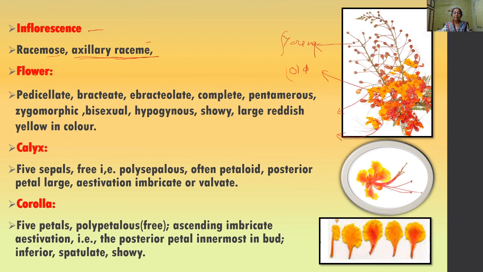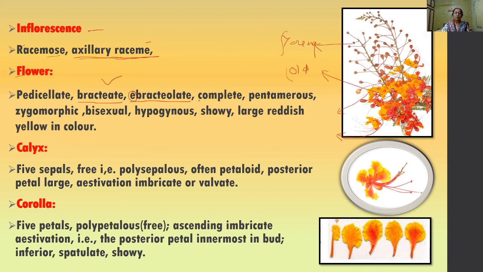So, bract is present here, and we call it a bracteate flower. In this case, the bracteoles are totally absent, so we call it ebracteolate. Bract is present, hence bracteate, but bracteole is not present, so ebracteolate.